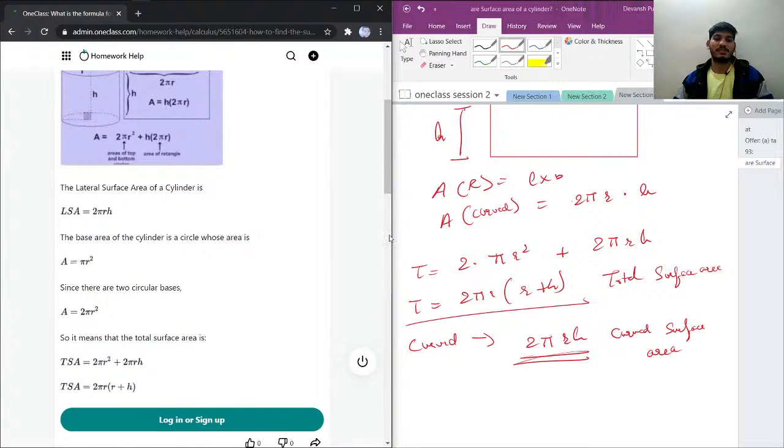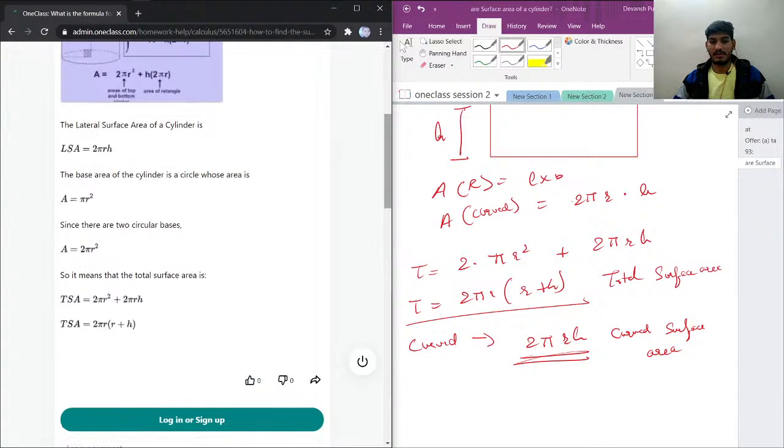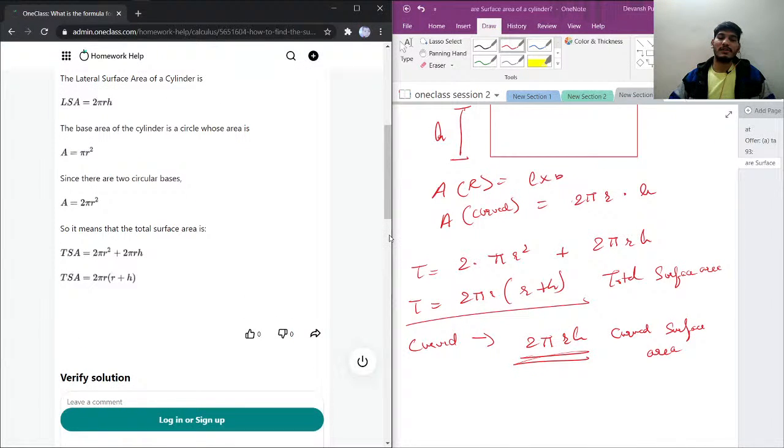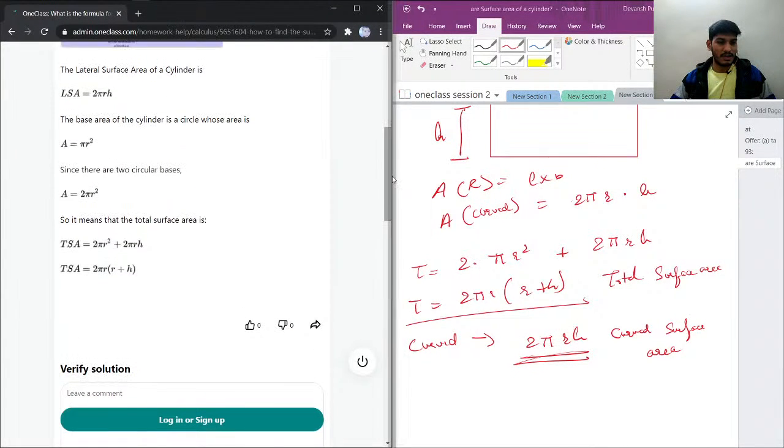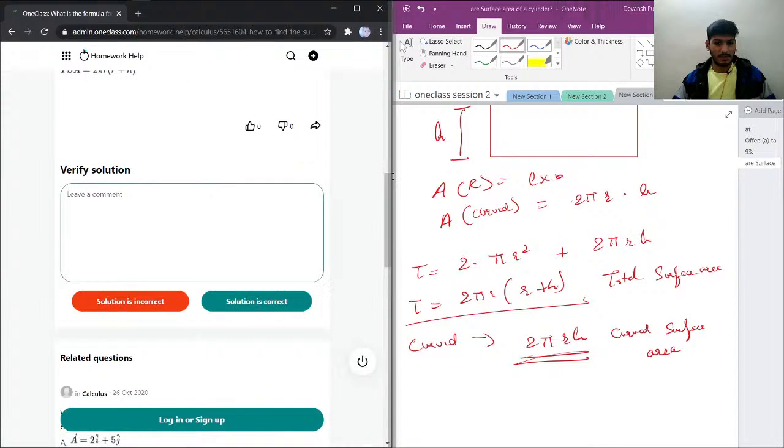We can also call the curved surface area the lateral surface area. Whatever term you like, the basic concept is clear. The total surface area is 2 pi r times r plus h. So the solution given here is correct. Good work.